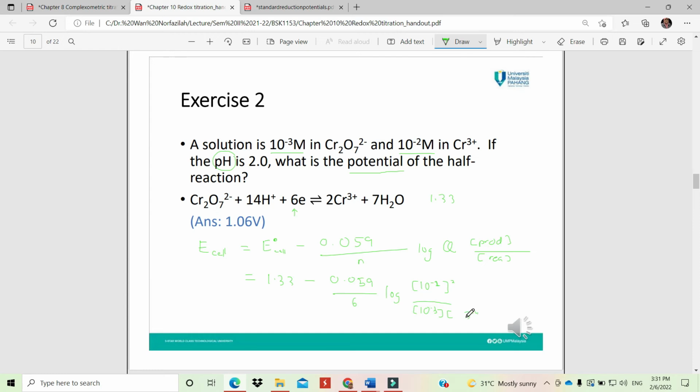What is the concentration of H plus? That's why at the beginning I said we need to focus on the pH. So we know that pH is equal to negative log concentration of H plus. Betul? Okay. So this pH is 2 equal to negative log H plus.